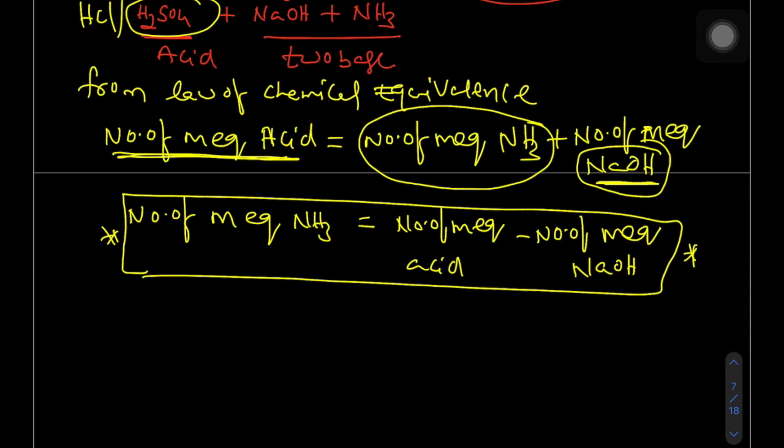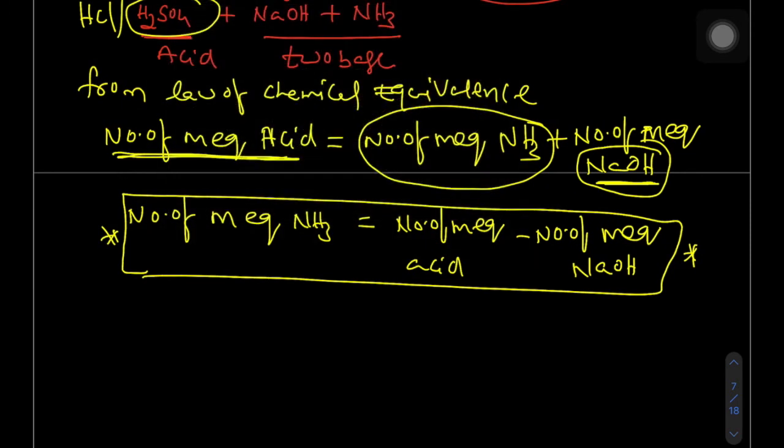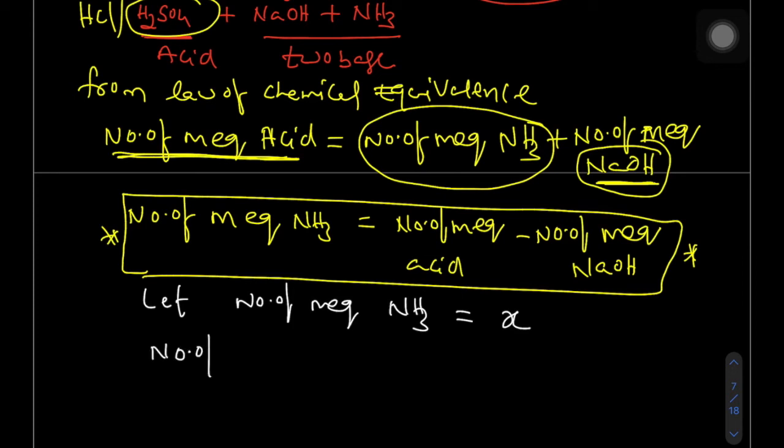Once we know the number of milliequivalents of ammonia, let's suppose x, from number of milliequivalents, shall I calculate number of equivalents of ammonia by dividing by 1000?